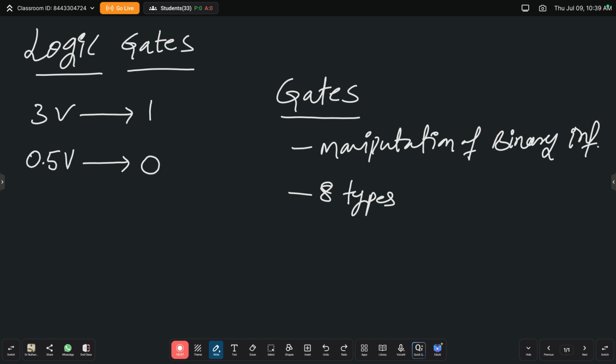Each gate has a distinct graphic symbol, and its operation can be described by an algebraic expression.